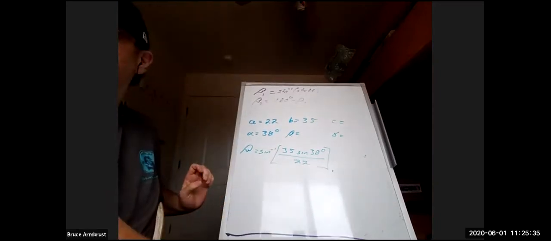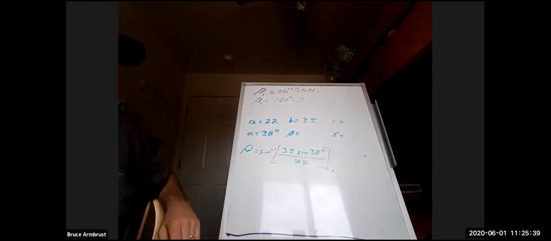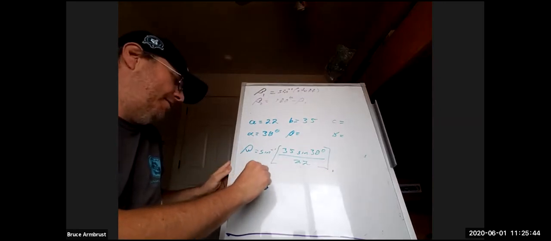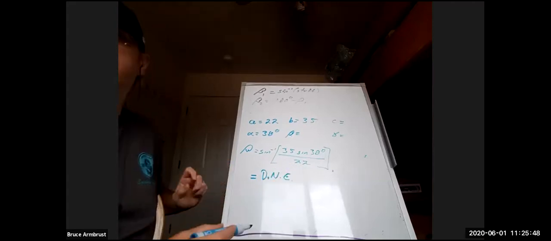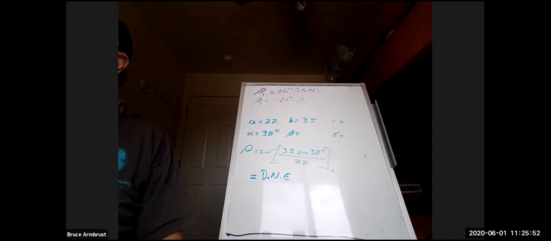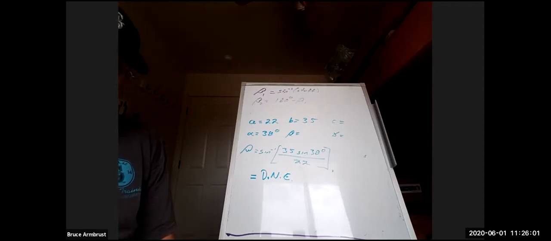And now we can use our calculator. So if you do the inverse sine on this, your calculator should yell at you. And right here, DNE, does not exist. If your calculator doesn't yell at you, it's because it's smart enough to know that this angle is an imaginary number, but we're not going to do anything with imaginary numbers, or imaginary angles, I should say.